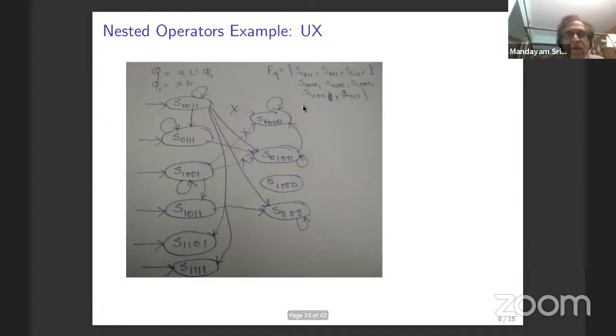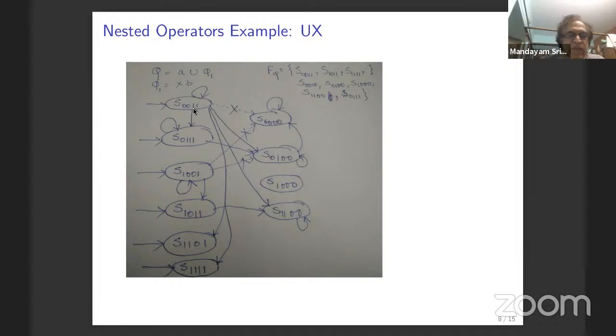So let me show some transitions. I hope you can read it, right? This state S0011 contains not A, not B, and phi 1 and phi.